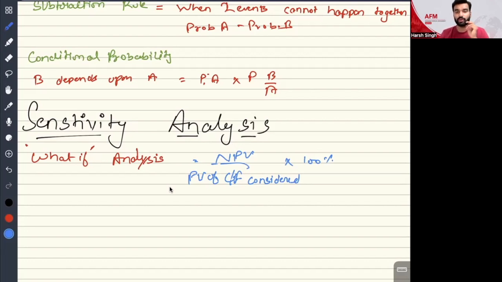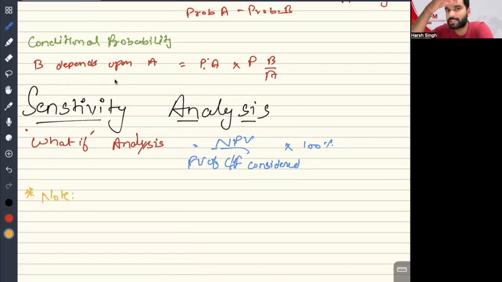Also, there is one topic on the cost of capital. Okay, sensitivity to cost of capital. Whenever you have to calculate sensitivity to cost of capital, you will use IRR. This is the basic question that they might test you on, so do remember this part.